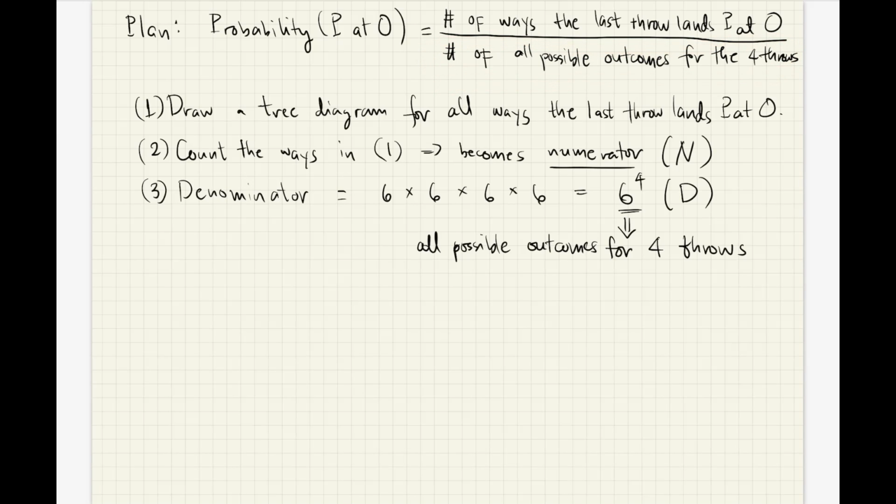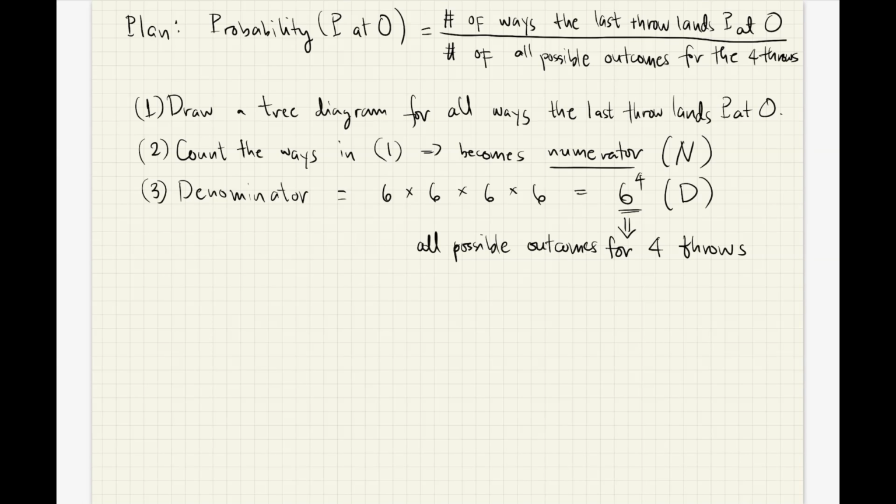So in our problem, in the numerator, we're looking at all the ways that the last throw, that is the 4th throw, lands the point P at the origin O. So we're going to have to look at all of those possibilities. And in the denominator, we're going to have to count the number of all possible outcomes for when we throw 4 times.